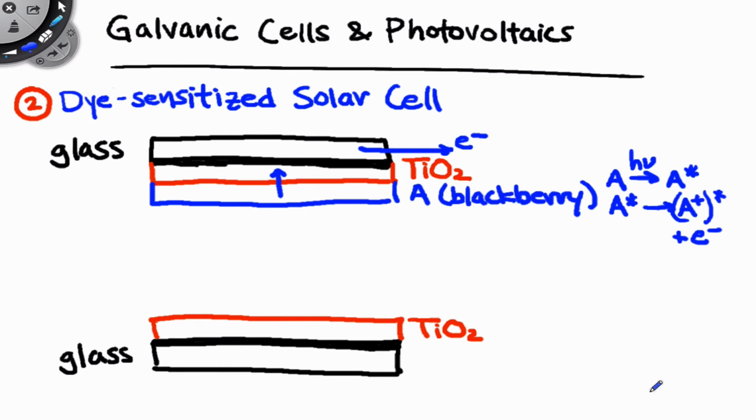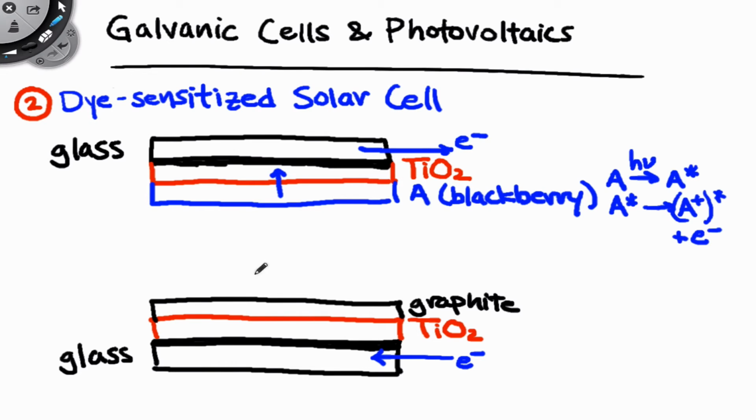As those electrons travel through the circuit, they're going to find themselves eventually back at the second glass slide. And so we're going to have a cathode down here that's accepting the electrons from the circuit. These will travel through the titanium dioxide layer and into a graphite layer, which is able to efficiently deliver electrons to the next stage. From there, the next layer is a mixture of triiodide ion and I minus, or iodide, ion.